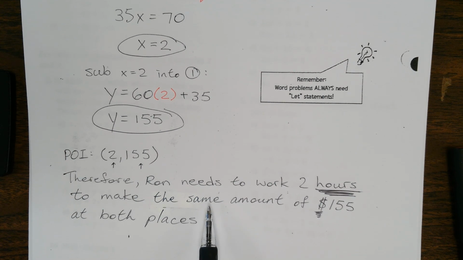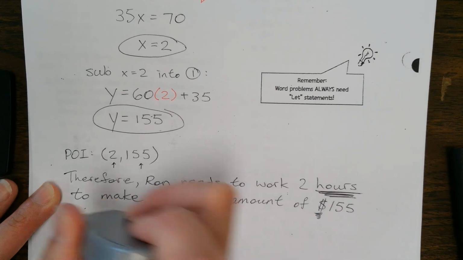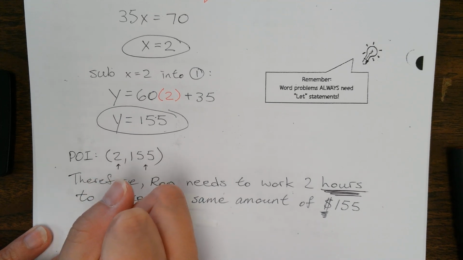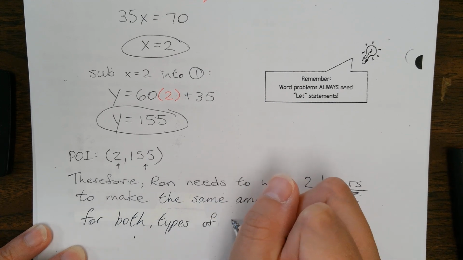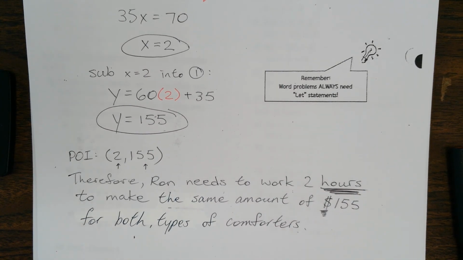And actually, it's two types of comforters. So to make the same amount of 155 for both comforters. So it's not two different places. It's for both types of comforters. I could have probably worded it better, but you get the point.